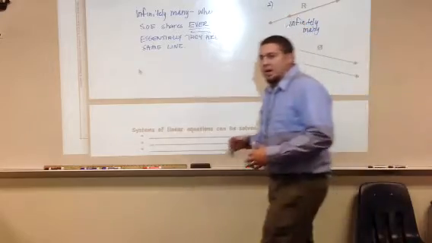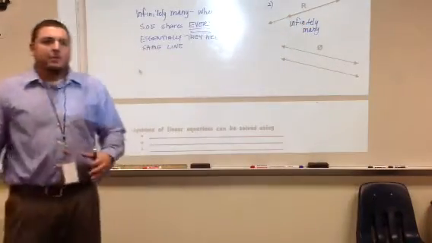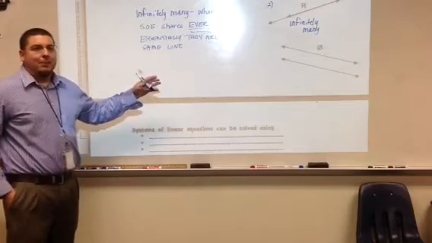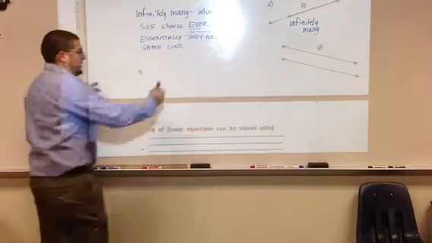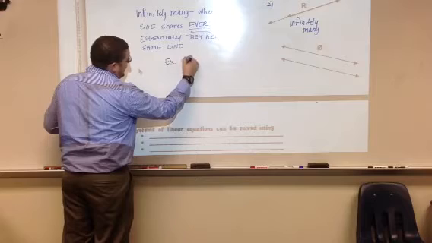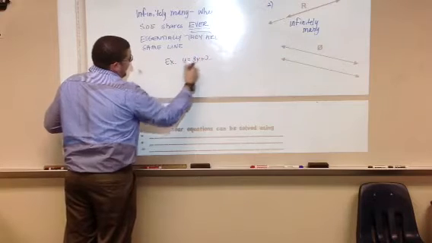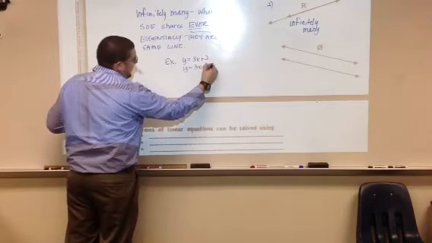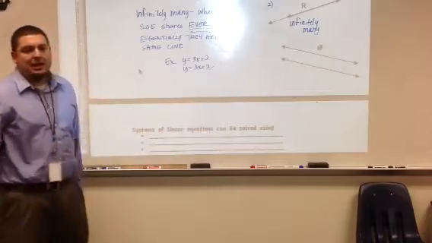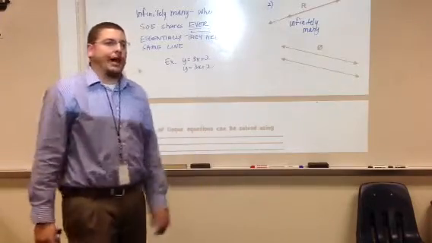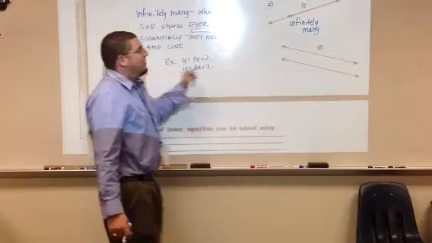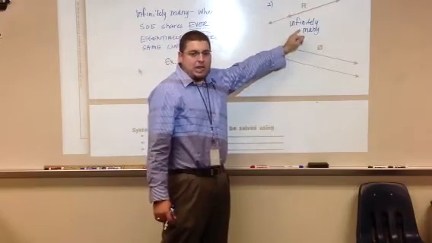When you work this out and you solve for y equals mx plus b, you're going to end up with, an example would be y equals 3x plus 2 and y equals 3x plus 2. When you graph that, you're going to see they're the exact same line. Okay? That means you have infinitely many solutions. And that's your answer.